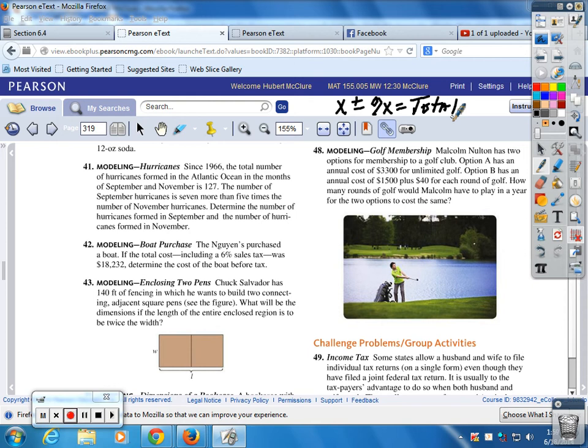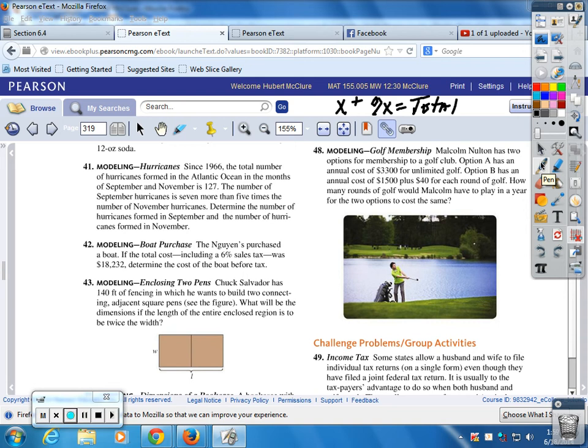X plus or minus percentage X. And what is taxes? Is taxes added or subtracted? Added. So this is going to be X plus percentage X, because it's taxes. But it said before the tax, so it'll be minus.